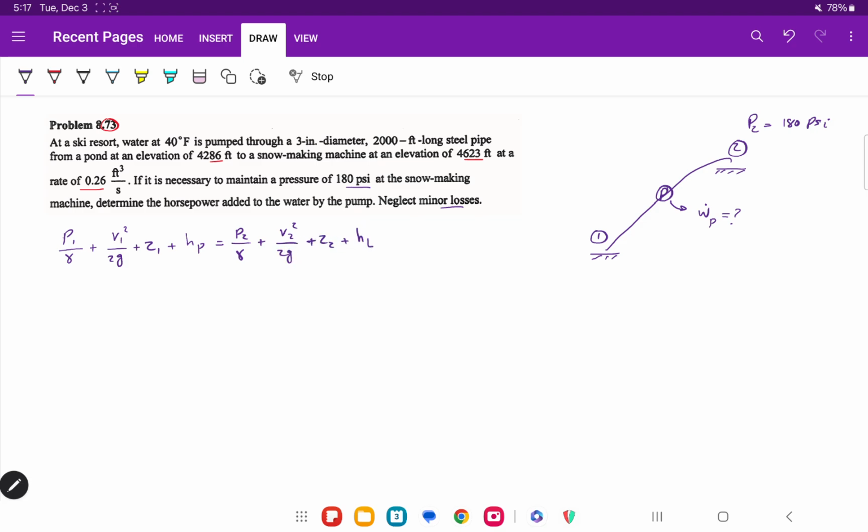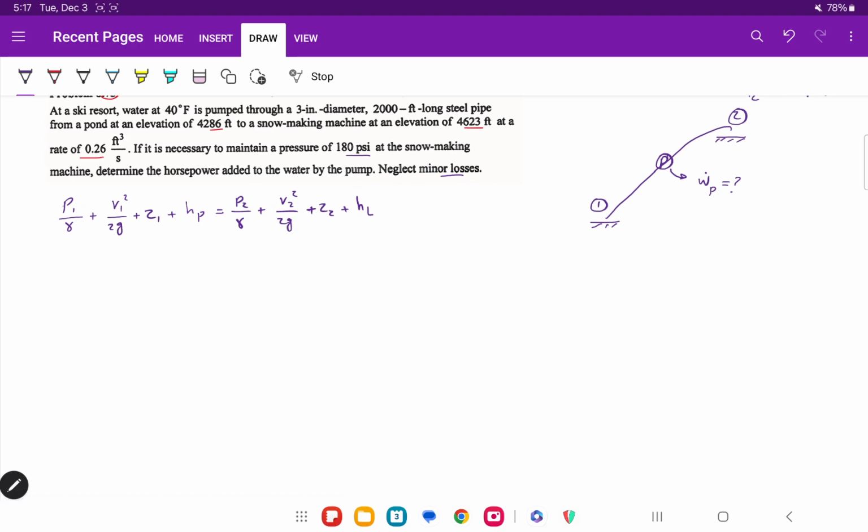loss. Remember, head loss is not a minor loss, it's a major loss. So never neglect that. What do we know? We know that P1 is atmospheric pressure, so P1 equals 0. We know Z1 and Z2.